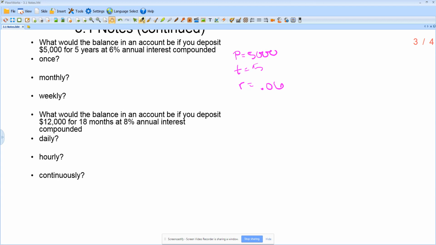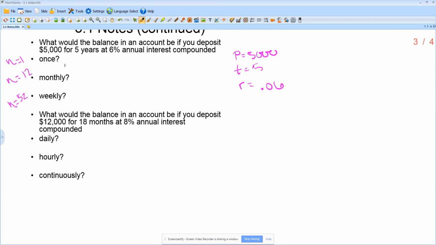What we're talking about here is different types of compounding. So if I'm compounding once in a year, that's going to be N being 1. If I'm going to compound monthly, there's 12 months in a year. And if I'm compounding weekly, there are 52 weeks in the year.